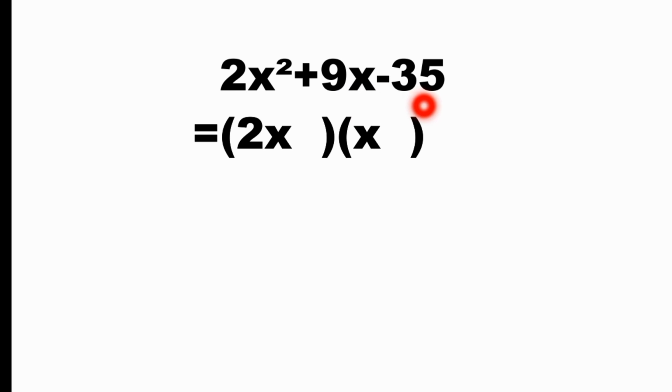From the factors of 35, 1 times 35 is excluded since we only have 9 here.